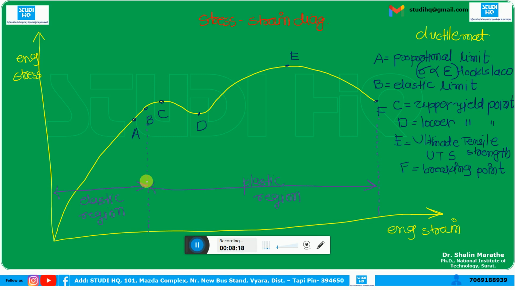So these are the two regions, one is the elastic region and one is the plastic region. Now if we go in detail, then this region DE, this DE line, that is known as strain hardening.